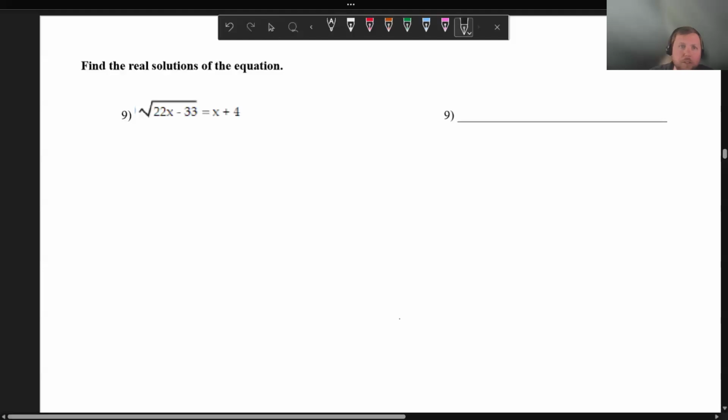So now this one's asking for real solutions. So let's see. The radical is already by itself, so what I need to do next is just square both sides to eliminate the radical.